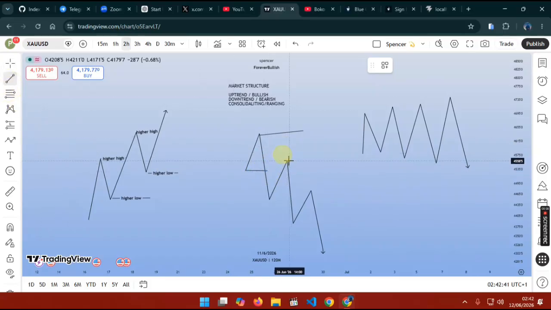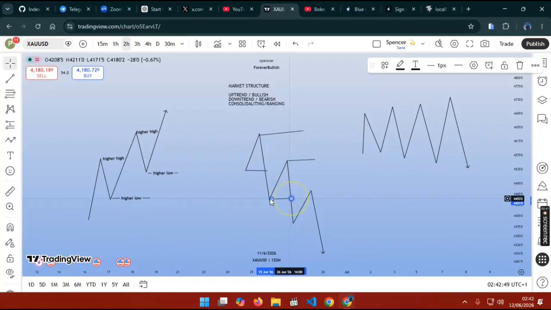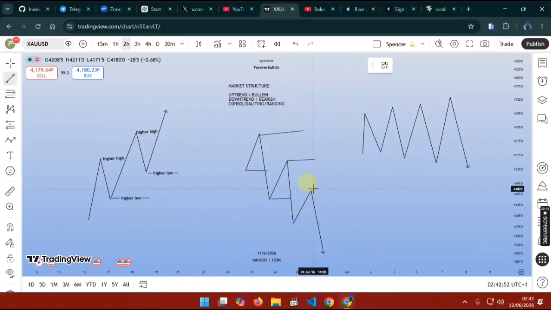Sorry for my tongue. We have our lower high, and we have this here to be our lower low. Same thing.